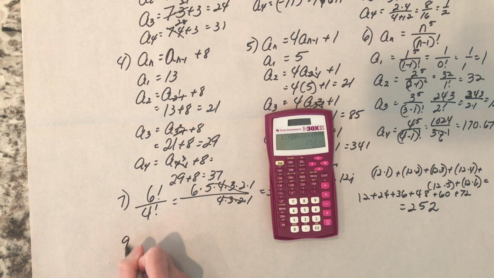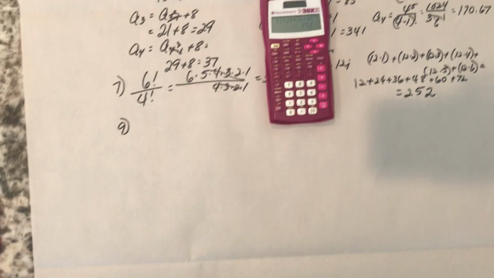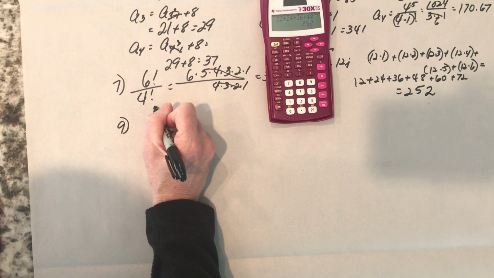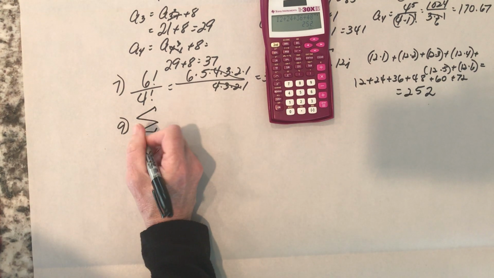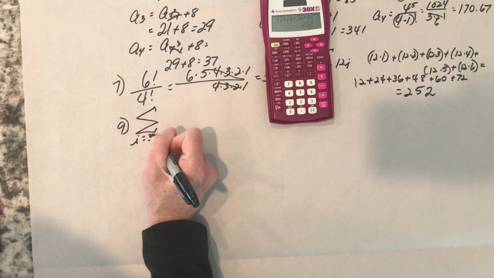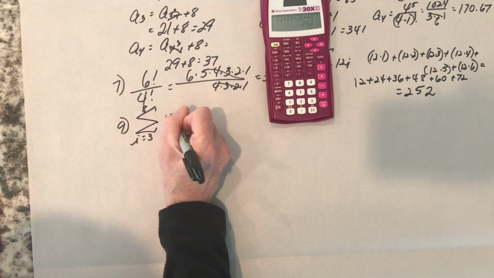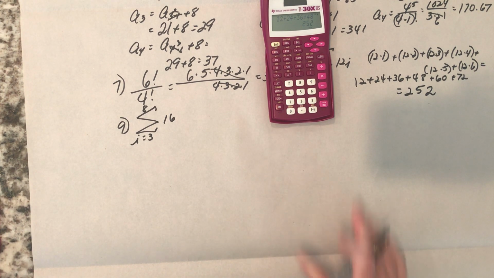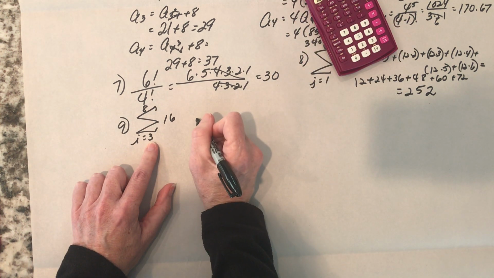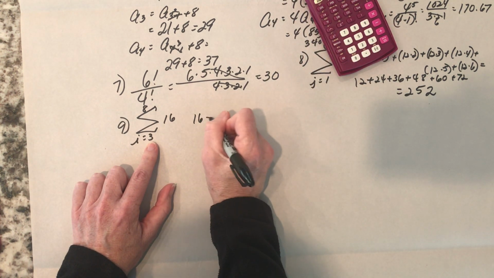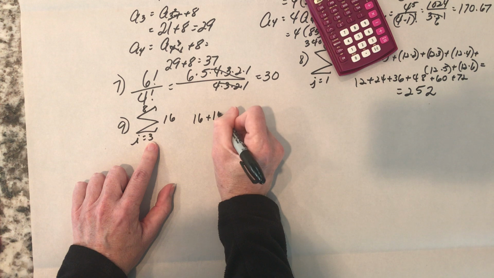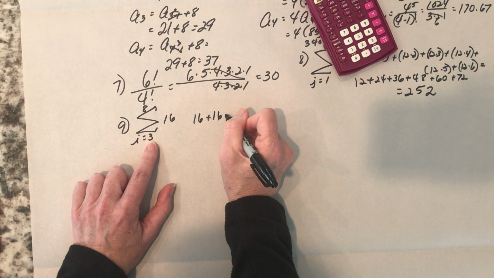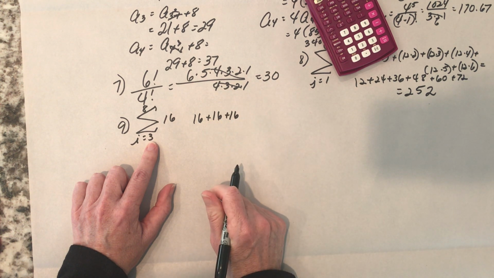Number 9, we're doing the same kind of thing. Let me scoot us down. Number 9 is a summation. We're going from where i equals 3, our upper limit is 8, and what we're doing to each number is just making it 16. So when i equals 3, the answer is 16. When i equals 4, the answer is 16. When i equals 5, the answer is 16.